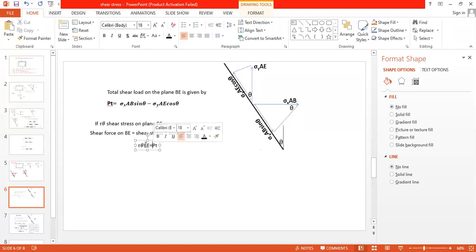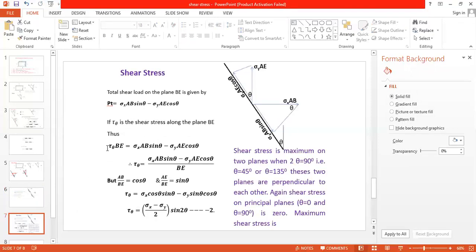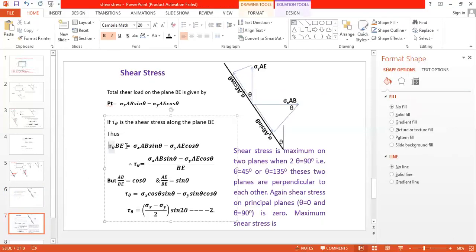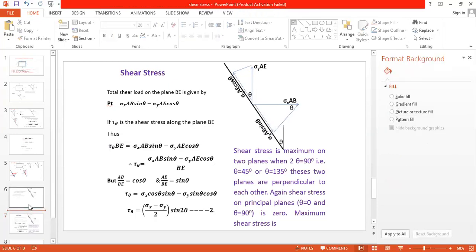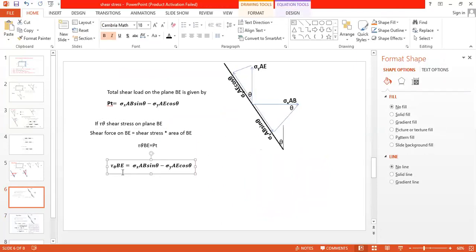Tau theta B equals the shear force. I will copy this equation here. Tau theta B equals sigma x AB sin theta minus sigma y AE cos theta. Have you got it up to here?